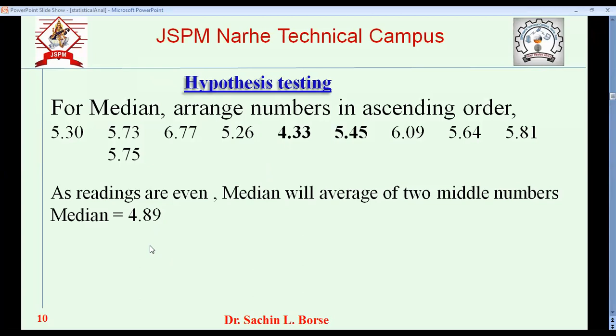For arranging the numbers, you can do it manually. But if the numbers are very large, with many sample readings, then we need to use the Excel. So the answer is wrong here because I have not arranged.